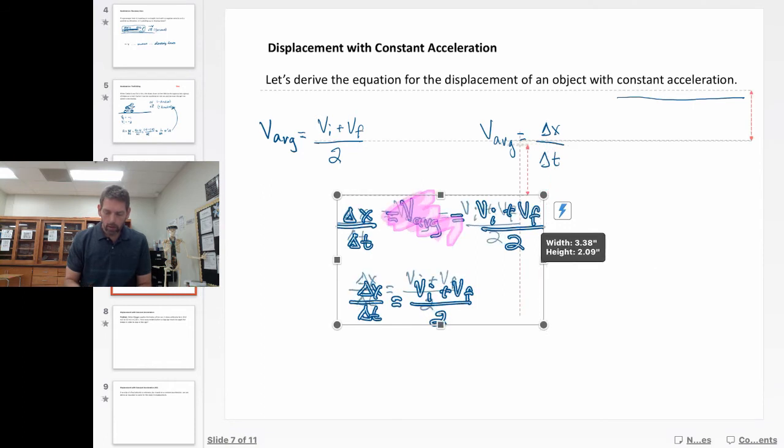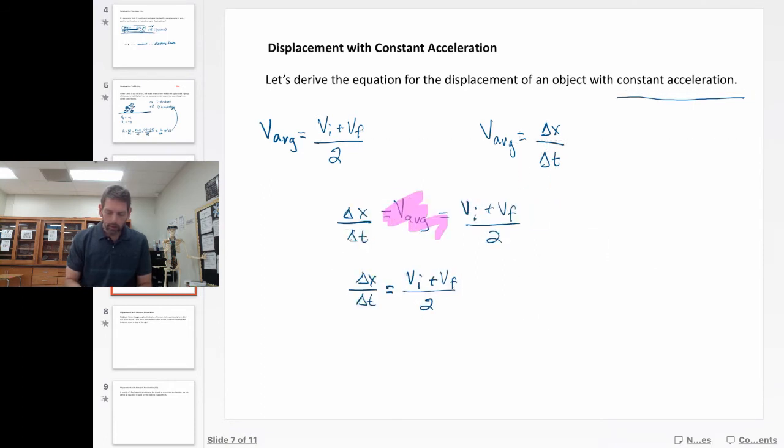Let me lasso this stuff, make it a little bit smaller, give myself plenty of room here. Now at this point, what we basically have to do is some math so that we have displacement by itself. What's the displacement with constant acceleration? If we need to get x by itself, that means we need to multiply this side by delta t.